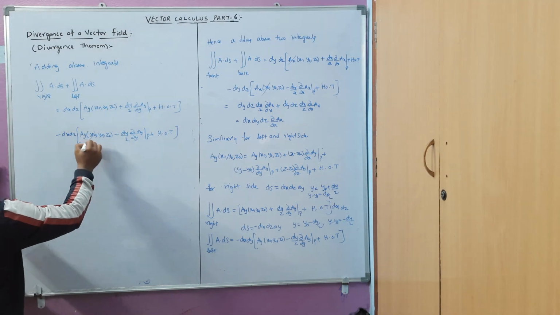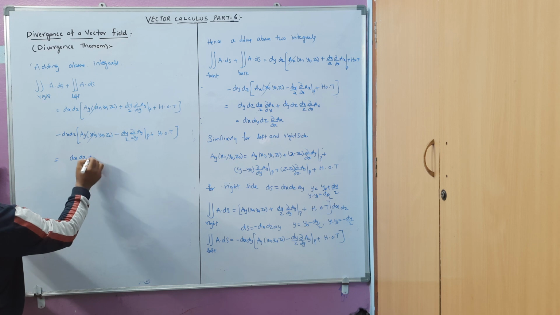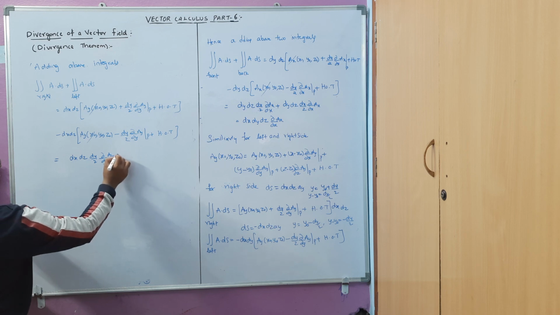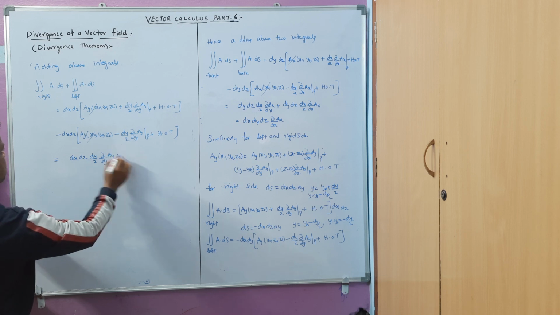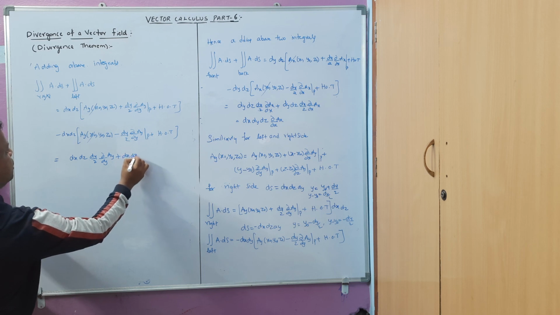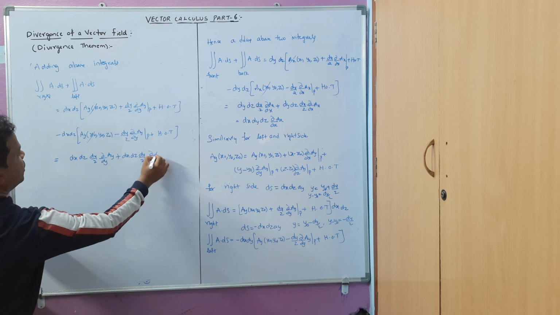In this we are going to cancel these two because they are the same. Next we get dx dz dy by 2 into dou y of ay, and next this one, minus into minus gives plus, so I get dx dz dy by 2 dou y of ay here.